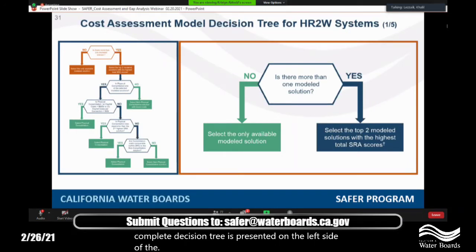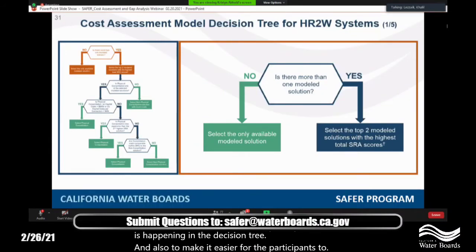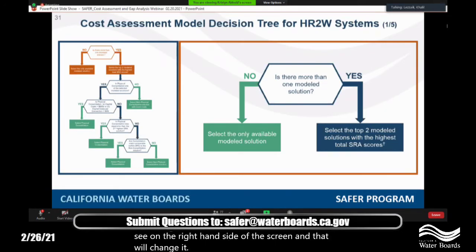However, in order to make it easier to show and describe what is happening in the decision tree, and also to make it easier for the participants to follow, we broke down the decision tree into its constituent parts, as you see on the right-hand side of the screen. And that will change as we move down the tree and explain it from top to bottom. So let's start from the top.